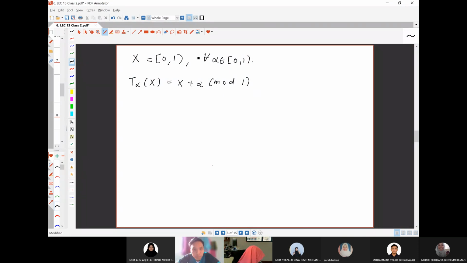So I have the transformation here. You have the X segment and then you have the alpha. The parameter alpha is taken from the (0,1) segment, so this alpha can be anything between 0 and 1. We let this T alpha be the measure preserving transformation. So this is also invertible.